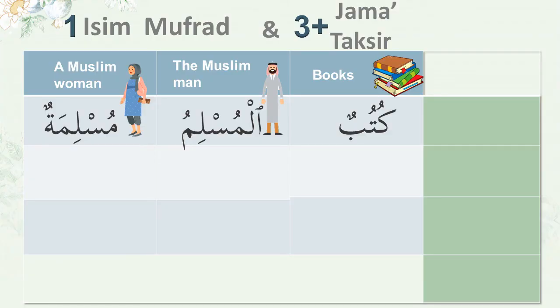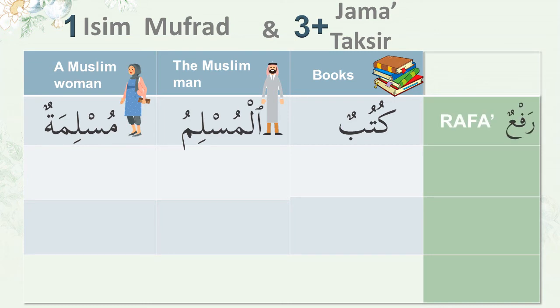We'll start with isim mufrad and jam' taksir and analyze them together. The words muslimatun and al-muslimu represent isim mufrad, while kutubun represents jam' taksir. Don't forget, jam' taksir are plurals which cannot be easily predicted from its singular form, and they look no different from isim mufrad. The only way we can differentiate between isim mufrad and jam' taksir is to look up the meaning in a dictionary.